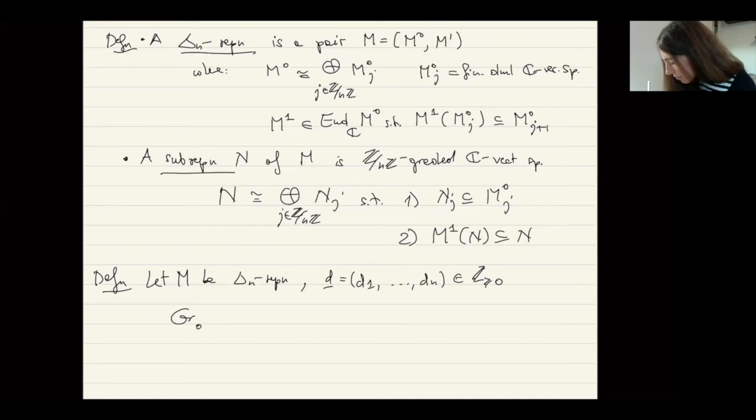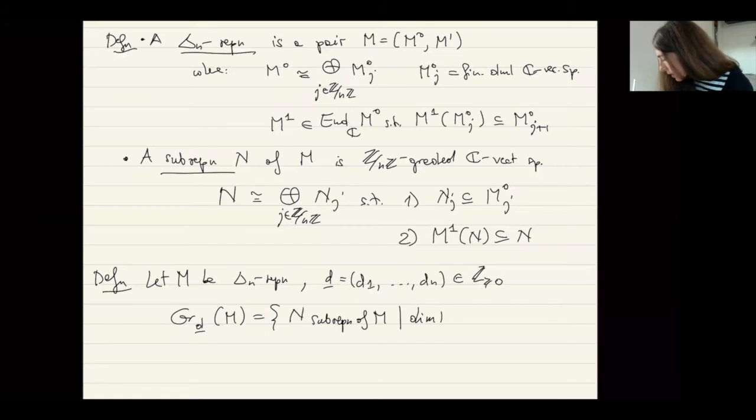And then I define Gr_d(M). As a set, these are the sub-representations. As I was saying before, the d_j's are telling us what the dimension of a single graded piece has to be.